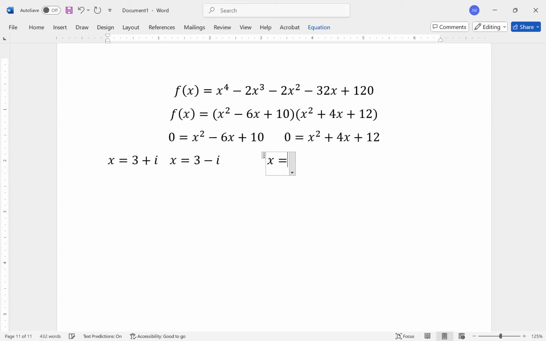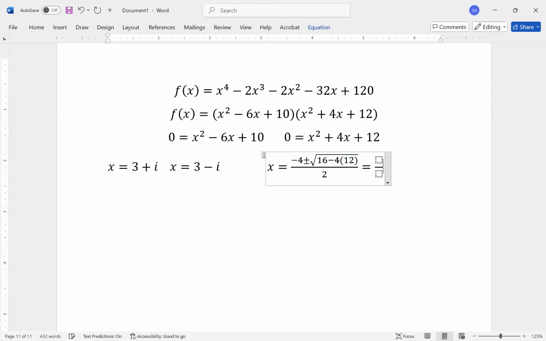So we are going to have to use the quadratic formula, which is opposite of b plus or minus the square root of b squared minus 4 times a times c all over 2 times a. In this case, 16 minus 4 times 12 gives me a negative 32.